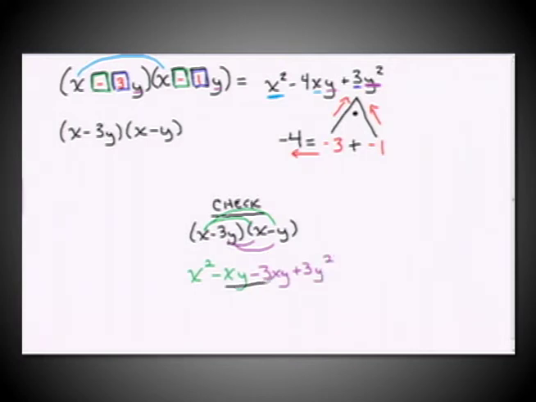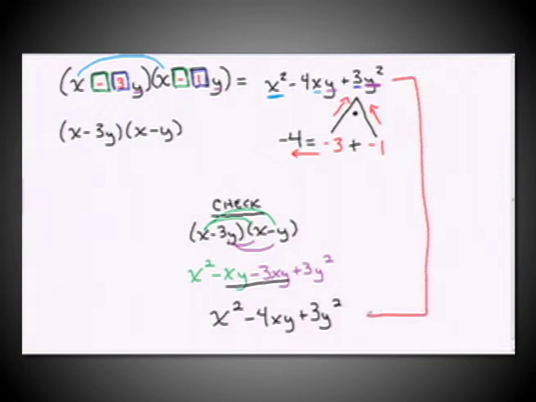Combining our like terms here in the center, we end up with x squared minus 4xy plus 3y squared, which is the same polynomial that we began with. Therefore, x minus 3y times x minus y is the factored form of this polynomial.